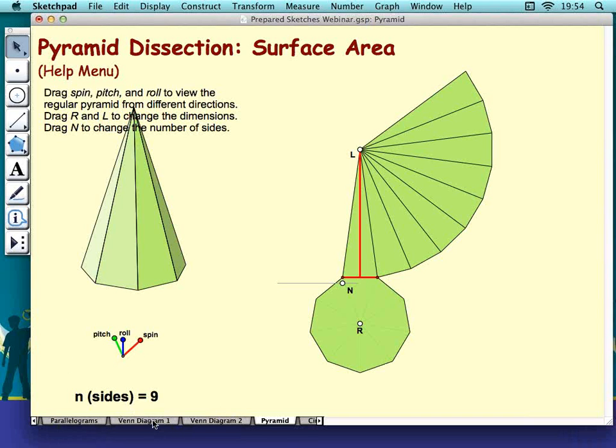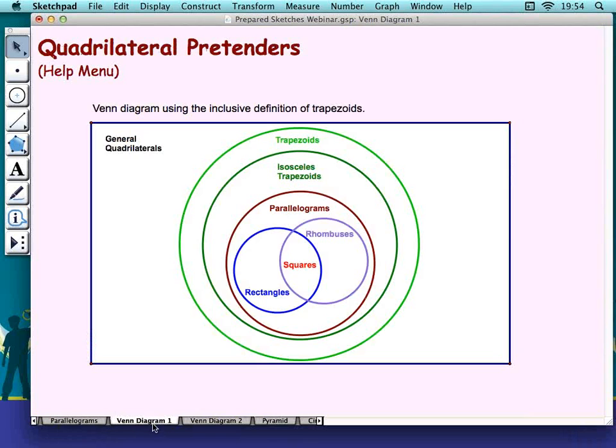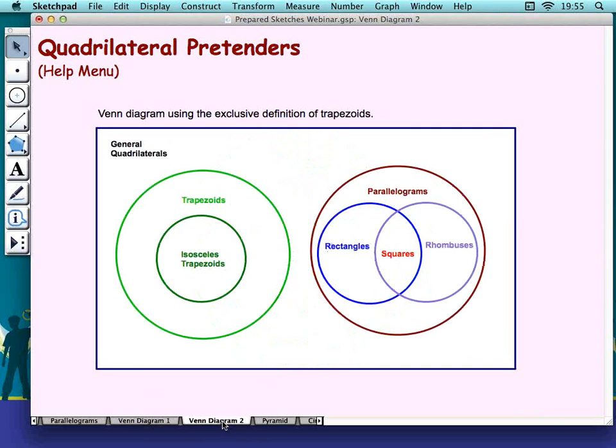The Venn diagrams, actually, this isn't exploring Venn diagrams, but it's the Venn diagrams showing the relationships between the different definitions of quadrilaterals. And actually, there are 2 Venn diagrams here, one of which shows the diagram using the inclusive definition of a trapezoid and another showing the exclusive definition of trapezoid. The definitions used are different in different books and also in different parts of the world. So that's where the Venn diagrams was.